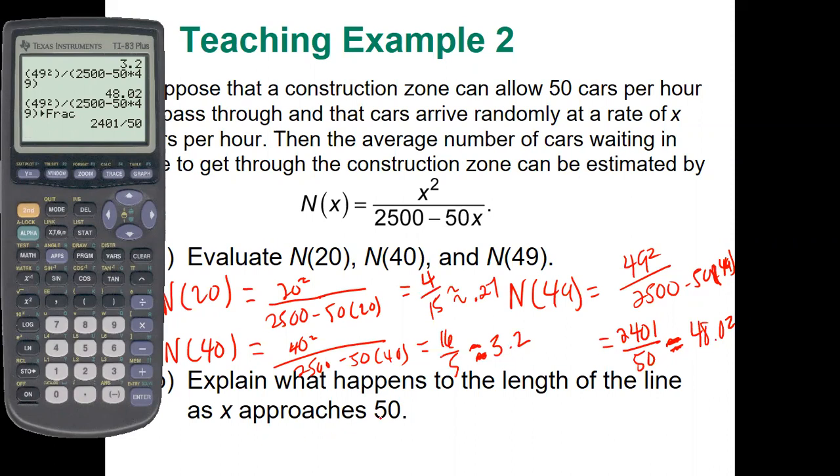So as I got closer to 50, notice how they increased dramatically. Is that cool if I use that word? Yes. Because if I was at 20 and I was only making 27 cents, and then I'm at 49 now, making 48.